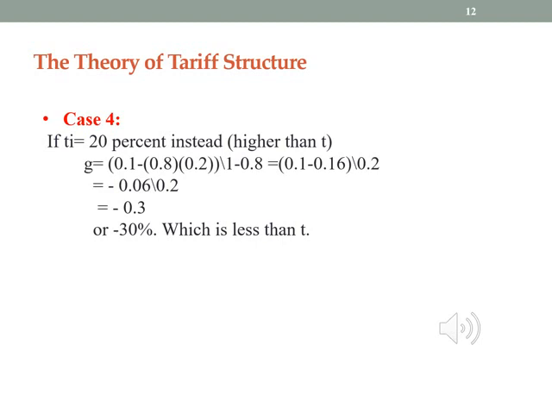In this case, the rate of effective protection will be equal to negative 30%, which is less than the nominal tariff rate imposed on the final commodity of suits. So as we can see, when the nominal tariff rate imposed on the imported inputs is higher than the nominal tariff rate imposed on the final product, the effective rate of protection would be negative, meaning it would be even less than T.